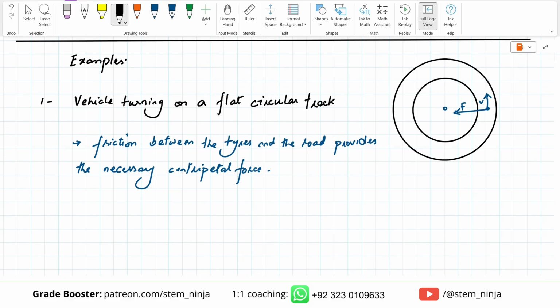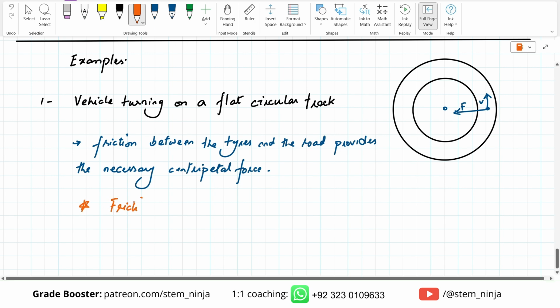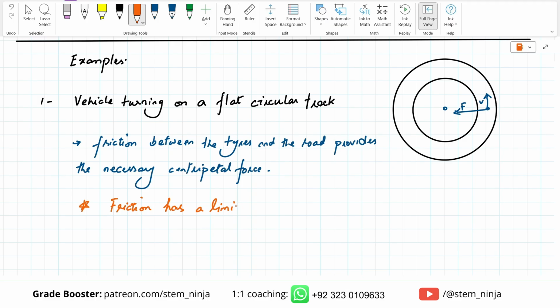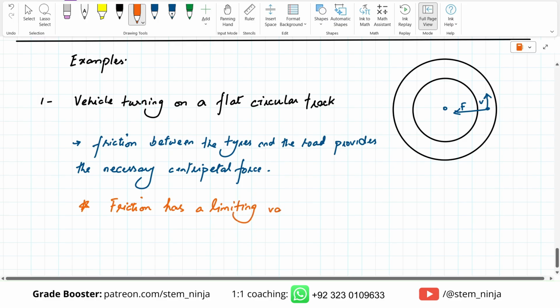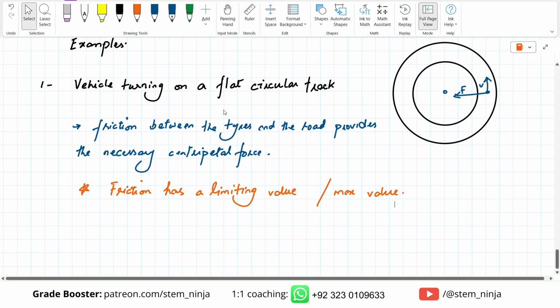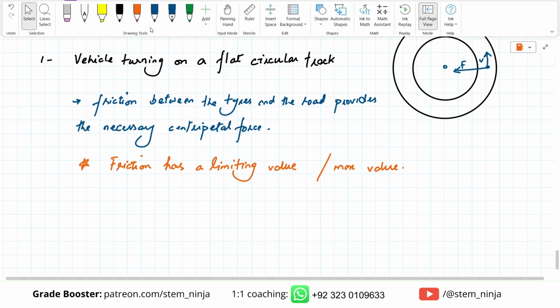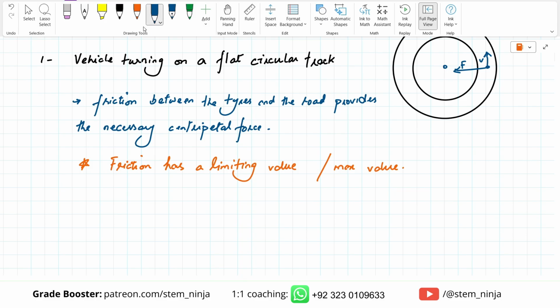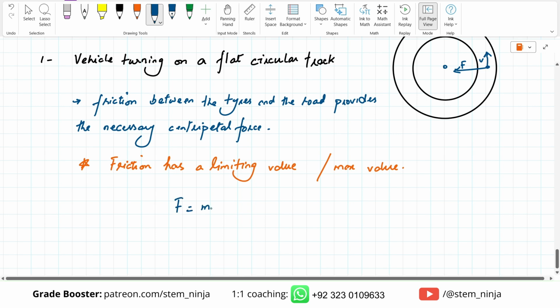Now, one important thing we know about the friction is that friction has a limiting value, or a maximum value. So the friction between the tires and the road can only be so much. What does that mean for the centripetal force and the velocity? We know that F is equal to mv squared over r, where F is provided by the friction.